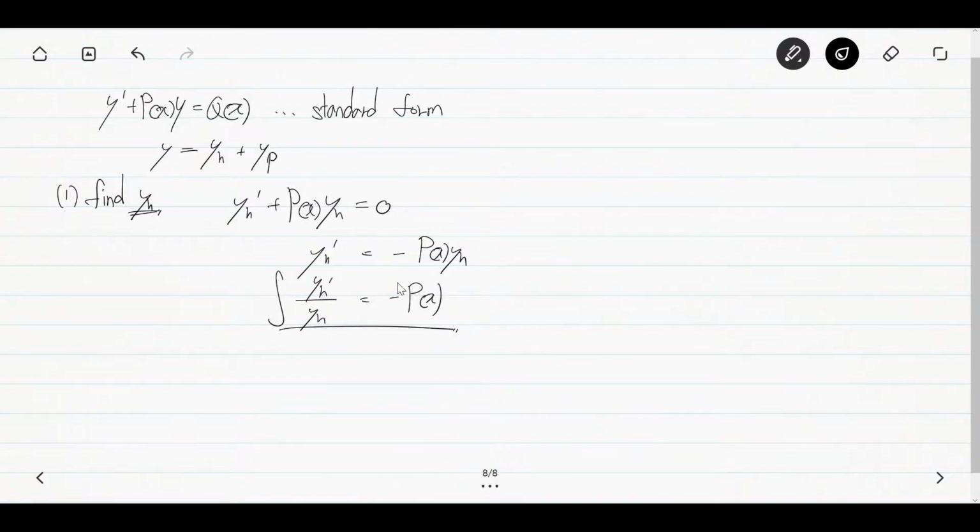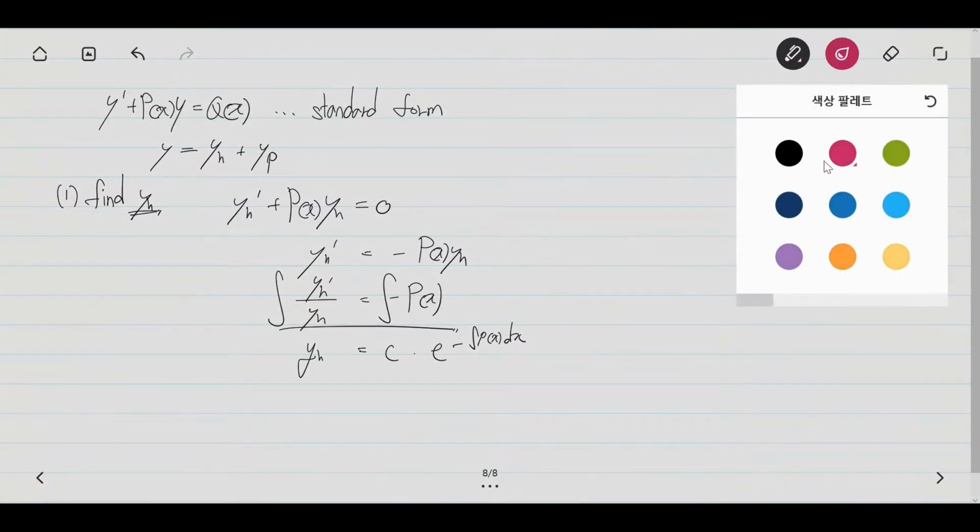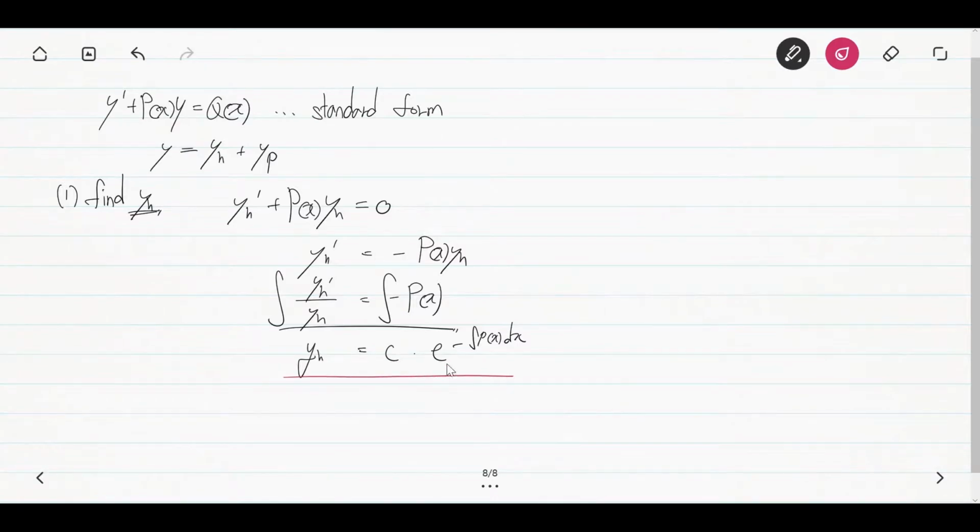So if we integrate this, we will get y_h equals constant times this. Is this the formula for the homogeneous solution?